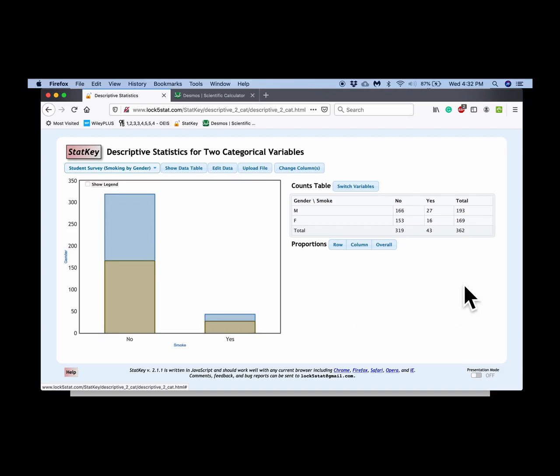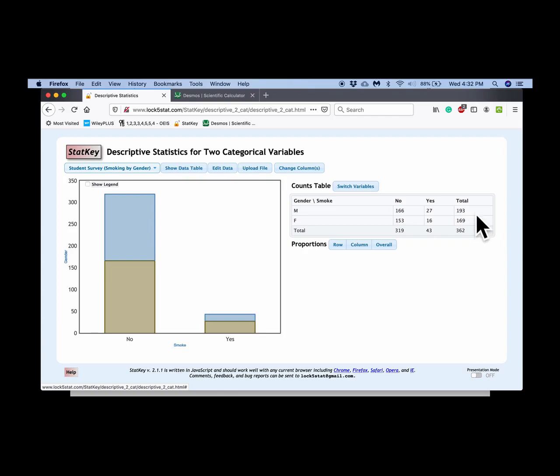Notice what StatKey is going to do here. Let's go to this counts table. It's going to take the 362 students that were surveyed, and break them up according to rows and also according to columns. Let's look at the rows first. The rows represent gender, male or female. Let's look at the totals. There are 193 males in the survey and 169 females, adding up to the total of 362.